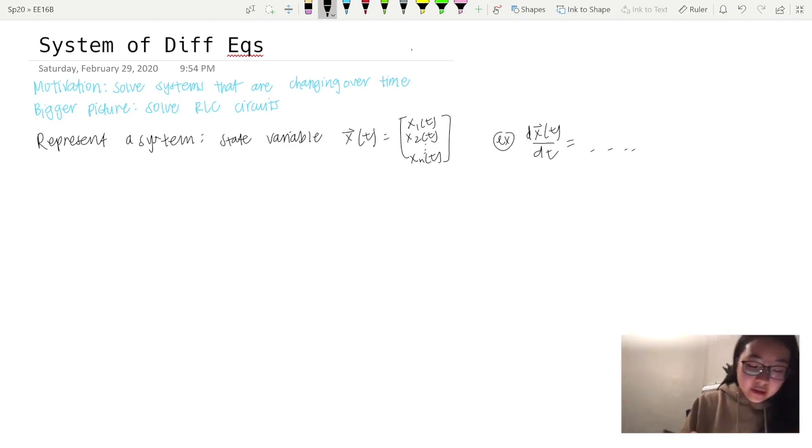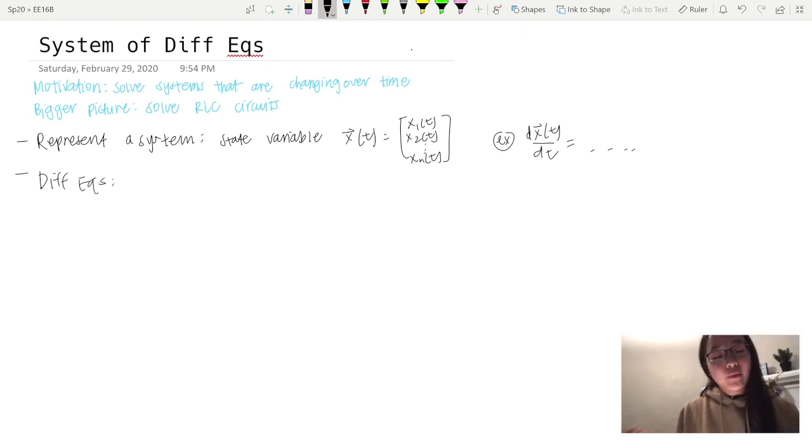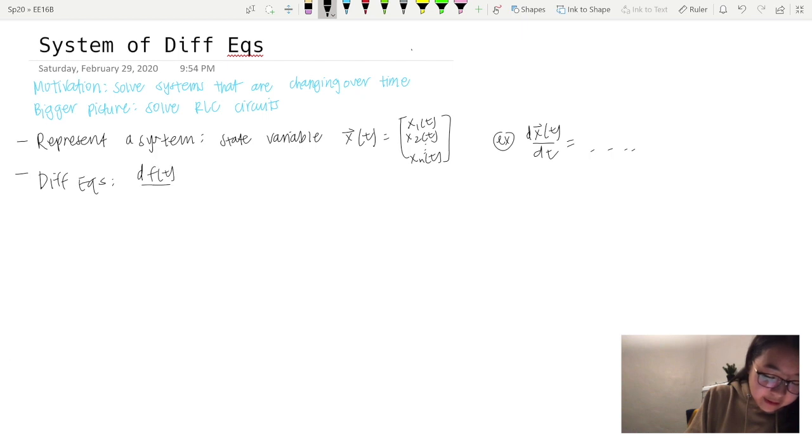Cool. Another aside that I wanted to mention is just some common differential equations. Specifically, the main one you will need to know for this class, and the main one that will repeatedly come up, is the fact that whenever you have f prime of t equal to a constant, let's say alpha times f of t, then this will become f of t is equal to k e to the alpha t.